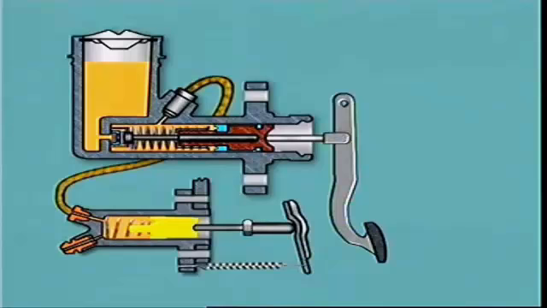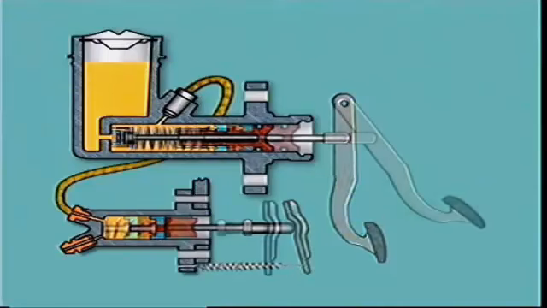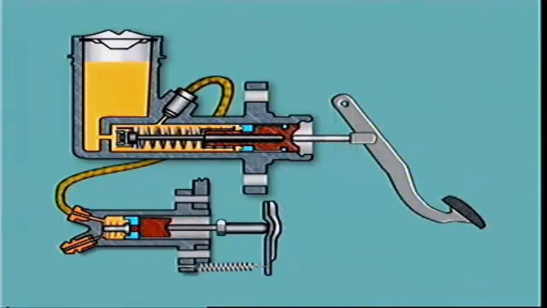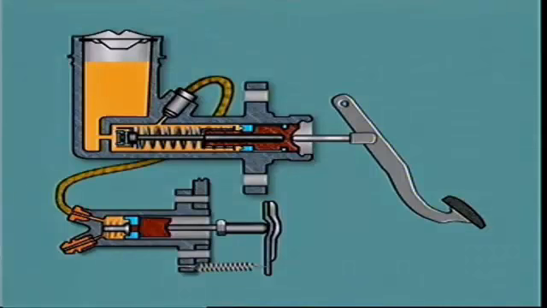The movement of the slave cylinder piston is transferred through a push rod to the clutch release fork to operate the clutch. When the pedal is released, displaced fluid returns to the master cylinder and the center valve returns to being slightly clear of the inlet port.